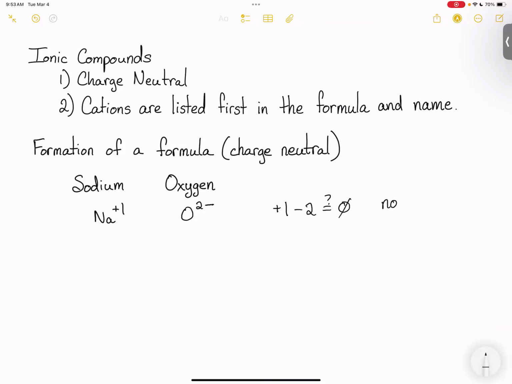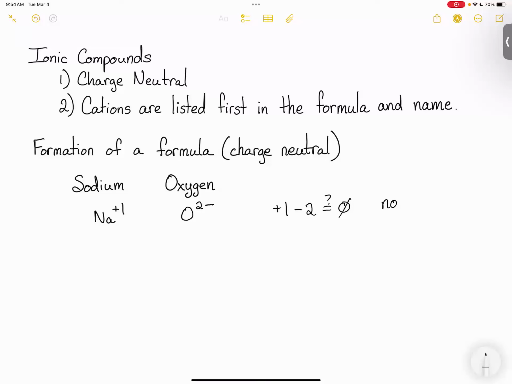So that means that sodium does not combine with oxygen in a 1-to-1 ratio, because that would not give a charge neutral compound. Now, is the positive in the lowest quantity or is the negative in the lowest quantity with respect to charge?